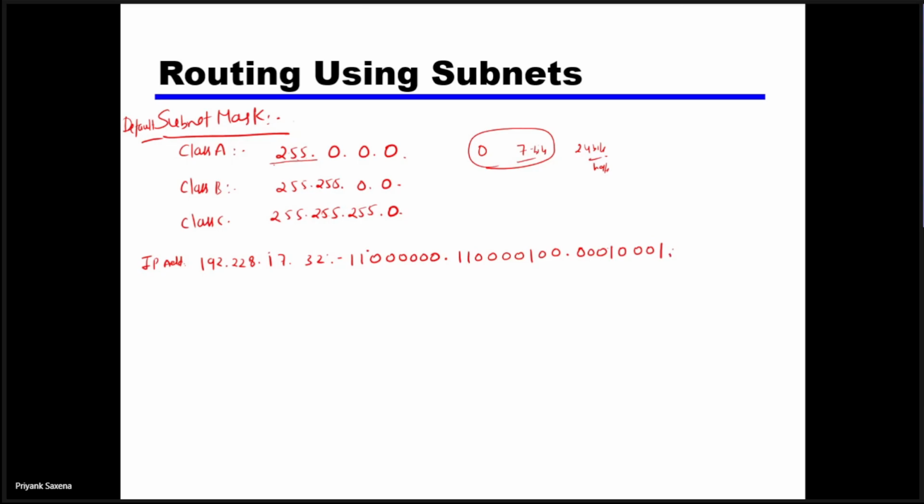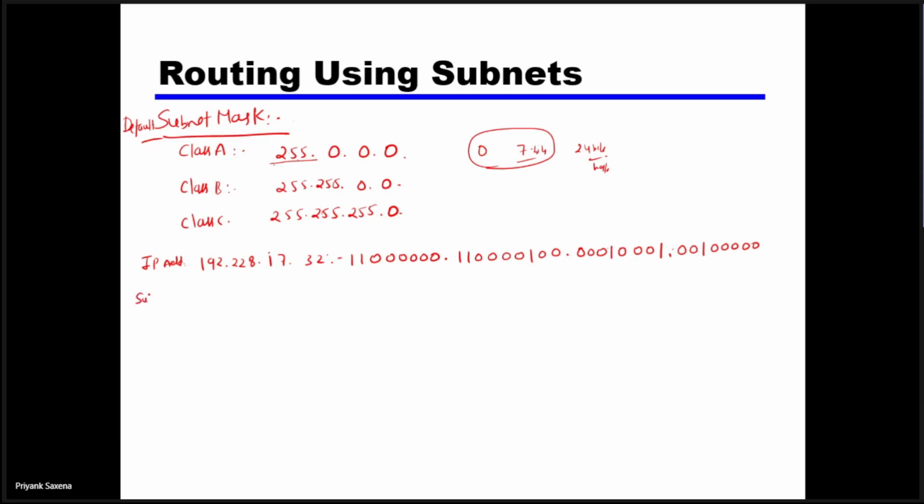If it is wrong, please tell me. Okay, I have just written the binary representation of this IP address.